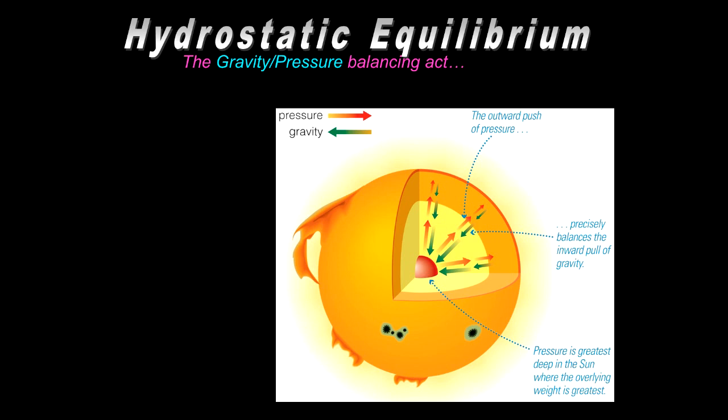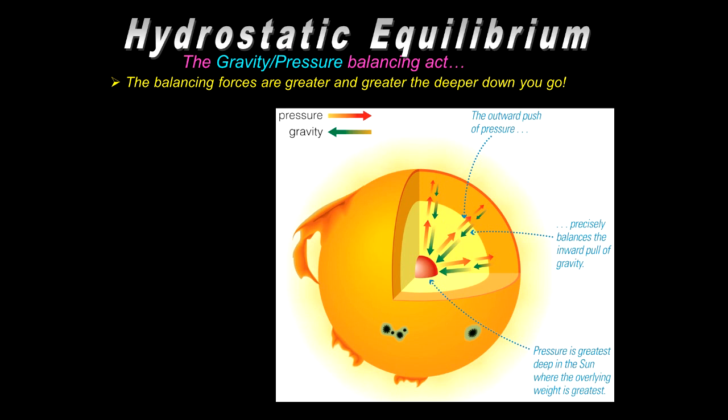In a like manner, gravity is trying to pull this whole thing together. So gravity is progressively having a greater influence as we go deeper and deeper into the core to precisely match the outward push of the photons trying to make their way out. So that's a balancing act between gravity and pressure, and it's unique at every layer in the entire sun.